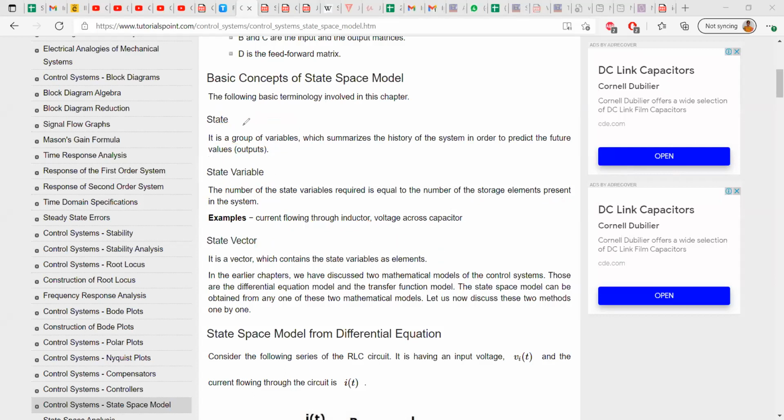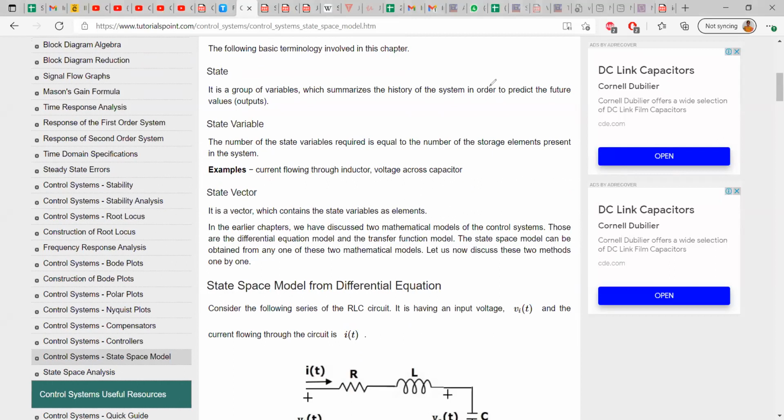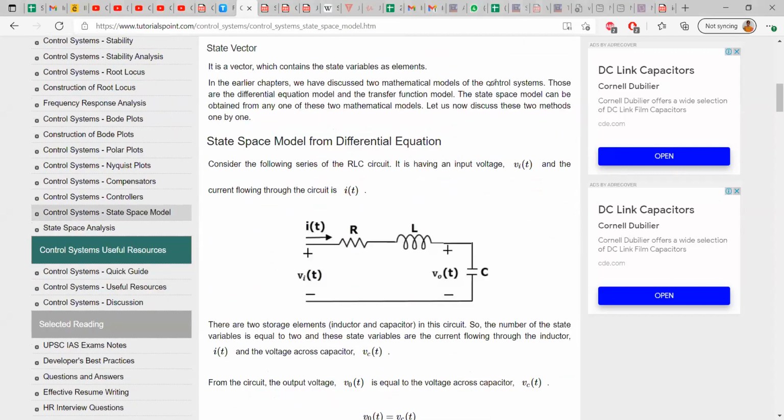Okay, so that's the introduction to state variable, the definition of state variable, and the state vector. Now we'll discuss how to find the state space model from a differential equation. What is the standard state space model? X dot equal to AX plus BU.